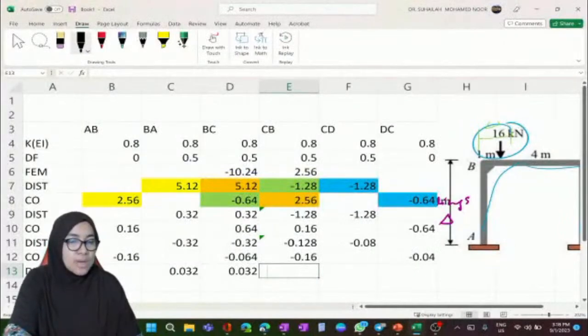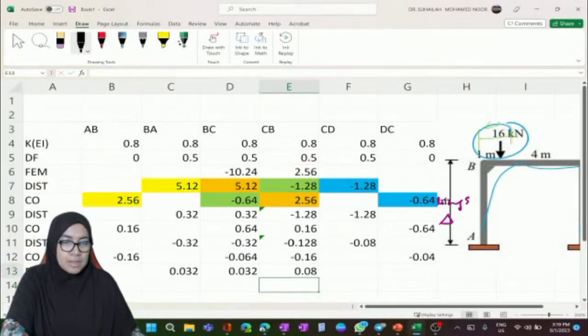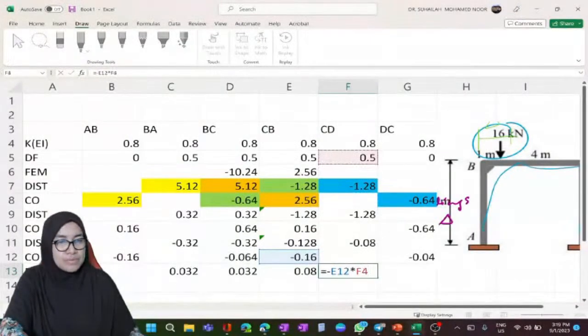So this one negative 0.16 opposite, so it should be positive. We times with the factor 0.5. And again, this is distribution. We should change sign. 0.5.